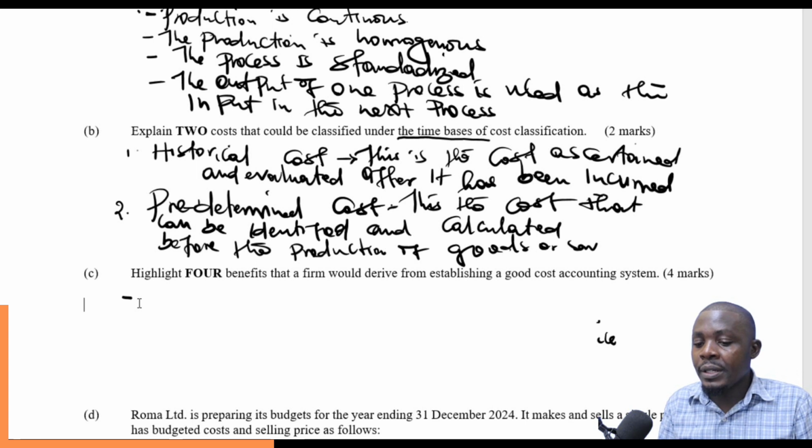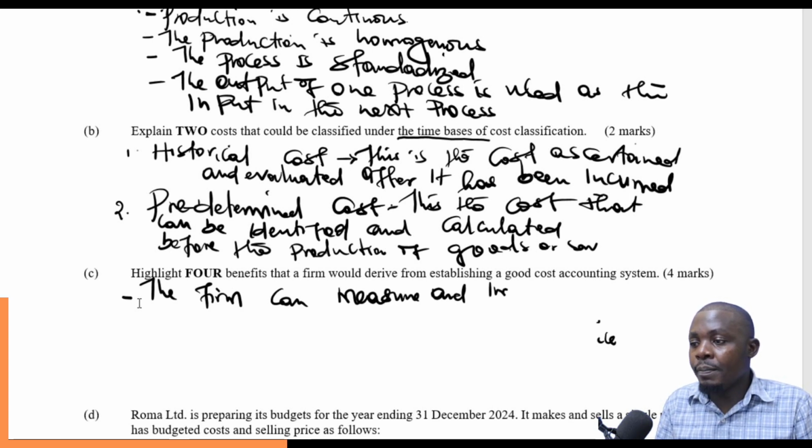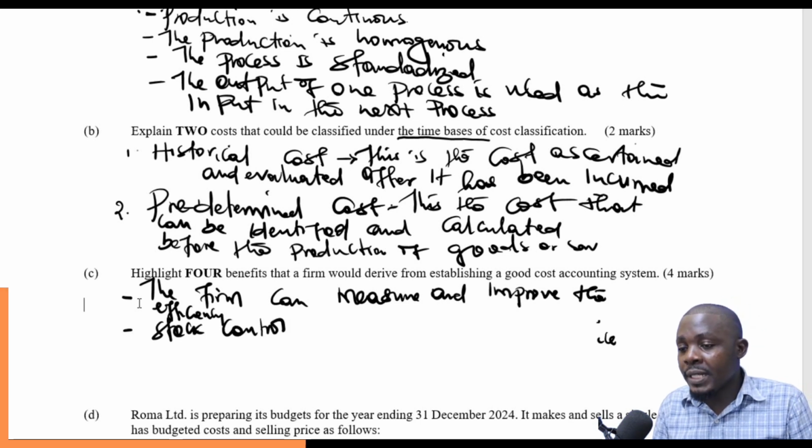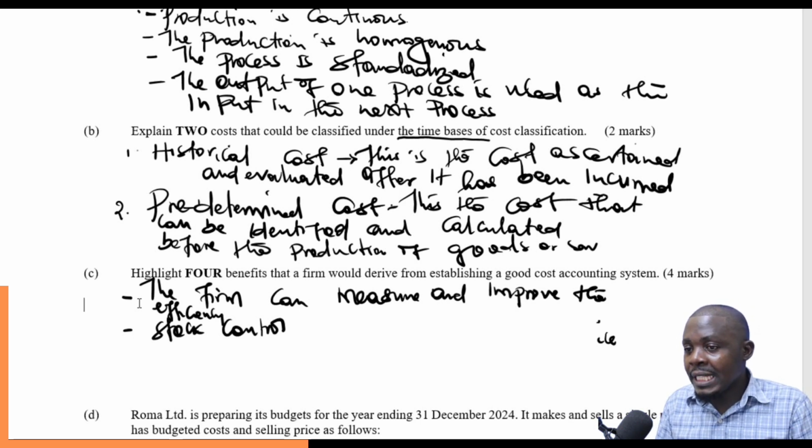For example, number one, a firm can measure and improve the efficiency if they have a good costing system. Number two, stock control. The firm will be in a position to determine when to place an order or when it is reaching the order quantity or minimum stock level.